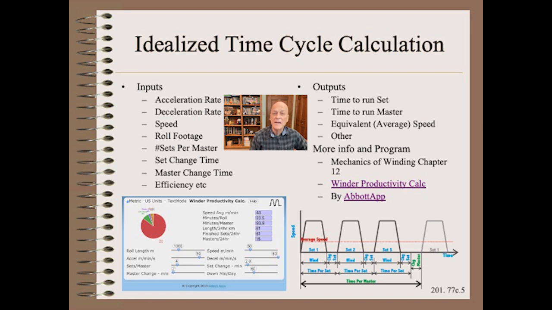In any case, this is called an idealized time cycle because it greatly simplifies, perhaps oversimplifies, the real world of man-machine material systems. Still, this approach is the best place to begin your productivity analysis journey.